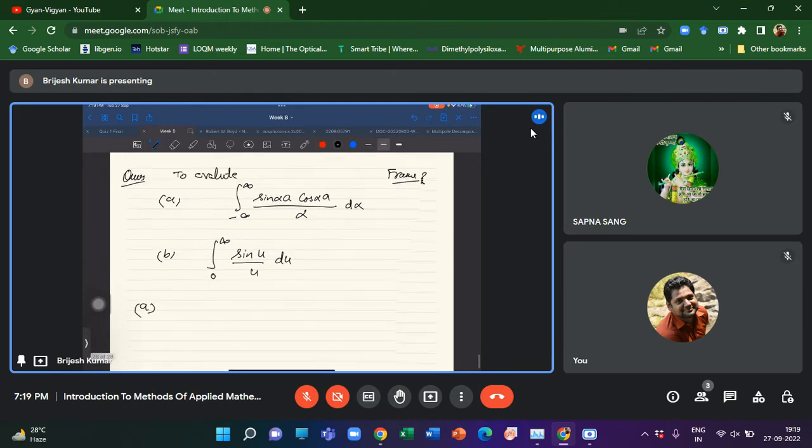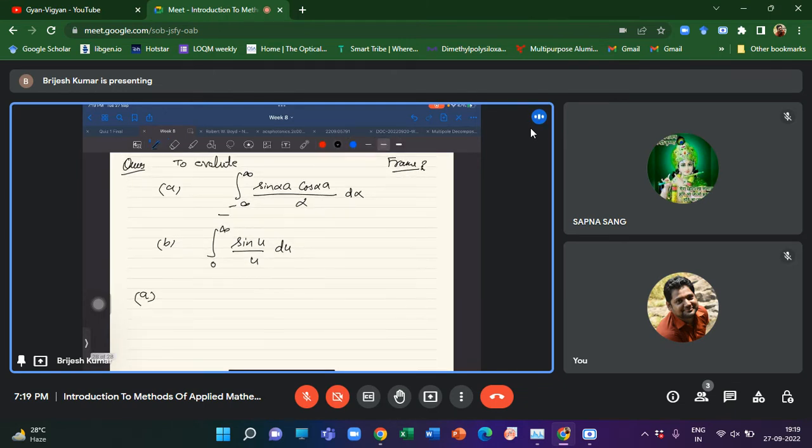See, this first one we use with the help of the Fourier transform.